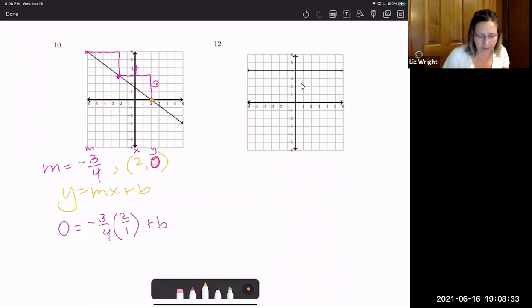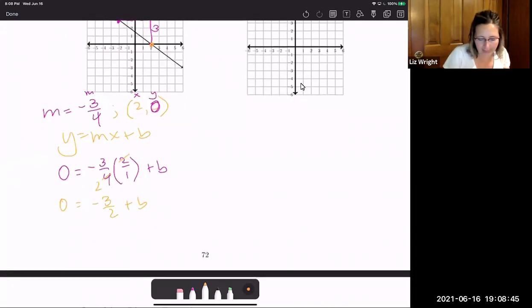So we can either say, well, that's negative 6/4, and then you can reduce it. I'm going to reduce it now. And so that gives me 0 equals negative 3/2 plus b. I'm going to add the 3/2 over. And 3/2 equals b, which is the same as 1 and 1/2 equals b.